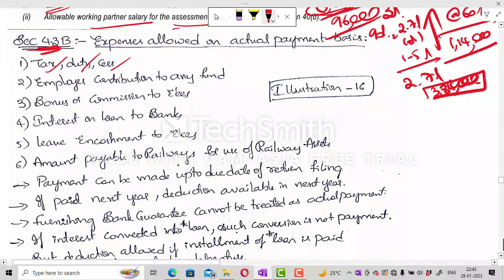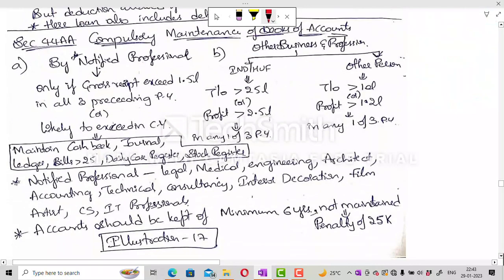For any tax, duty, cess, employer contribution to any fund, bonus or commission to employees. Salary is allowed on accrual basis, but for bonus they need to pay it on actual basis. Interest on loan to banks, leave encashment, amount payable to railways for use of railway assets.